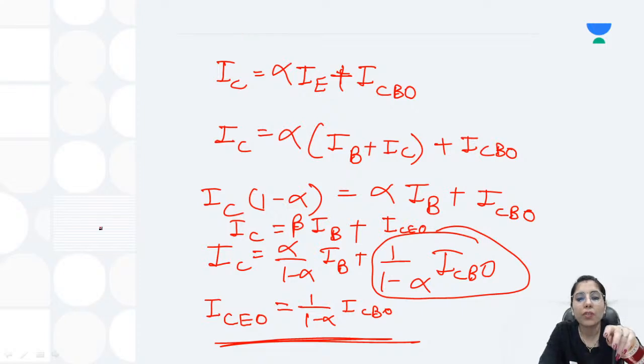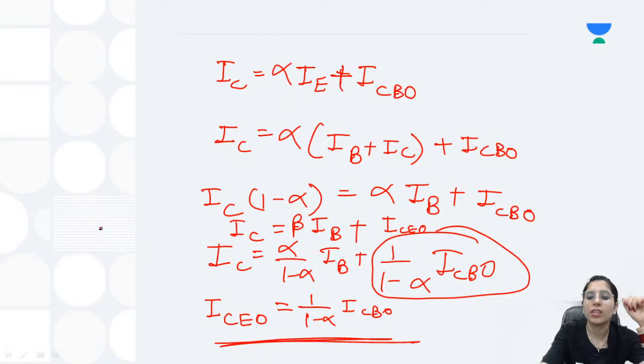I'm going to wait for your reply first of all, and then I'll continue the discussion about the input and output characteristics. So let me know if you still have any doubt anywhere. Just mention it in the comment section.